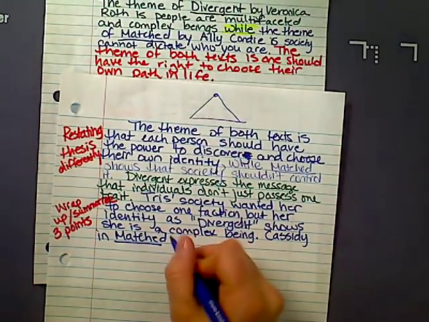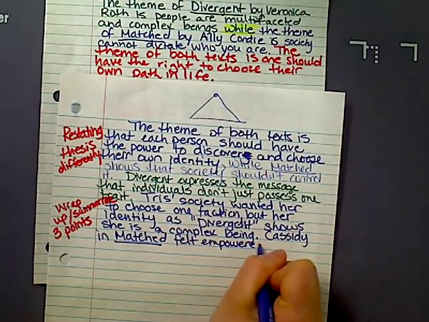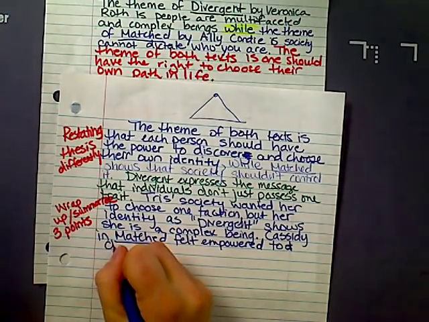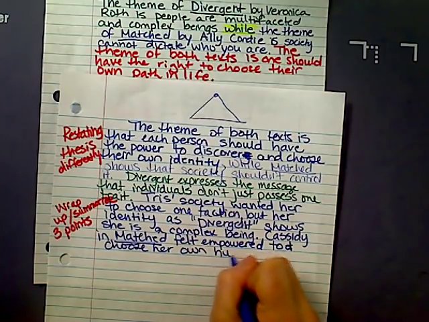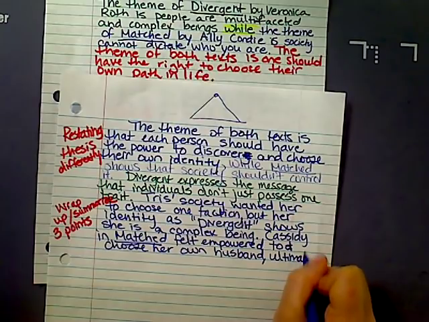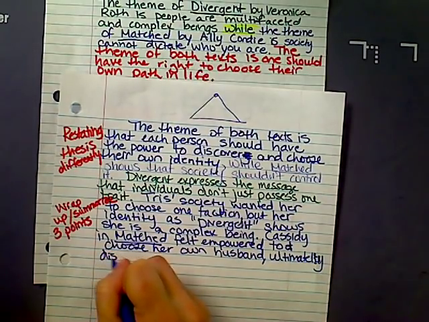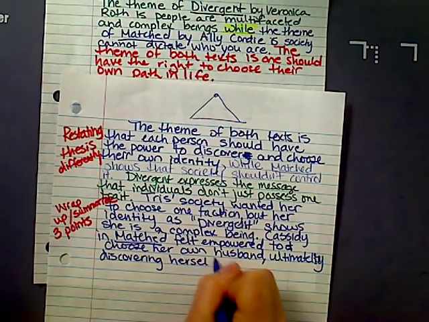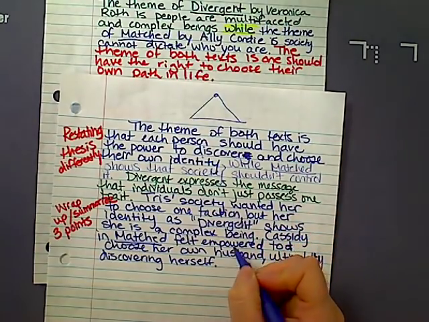So Cassidy in Matched felt empowered to choose her own husband, comma, ultimately discovering herself. So again, I'm reviewing my points, but I'm not using the same terminology as my thesis earlier.